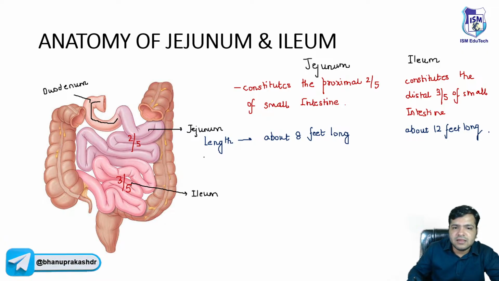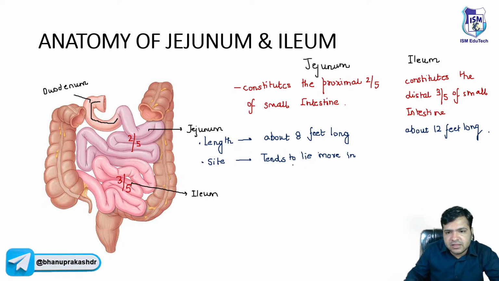Now coming on to the next point, that is the site. If we focus on where the jejunum is present, remember, it tends to lie more in the umbilical region.